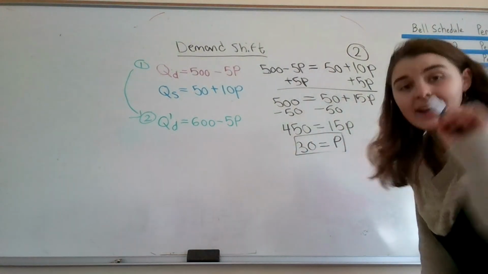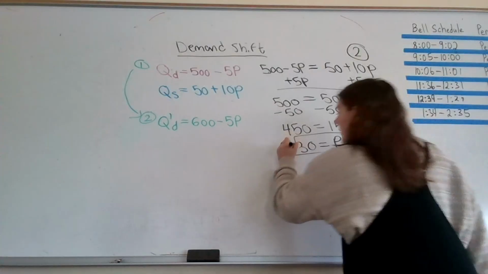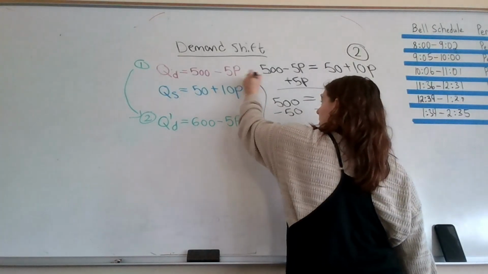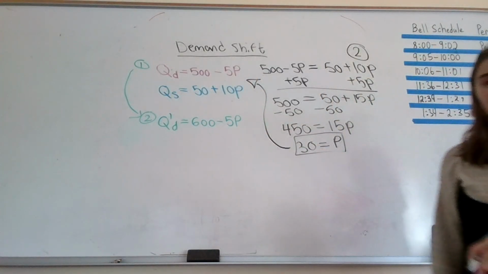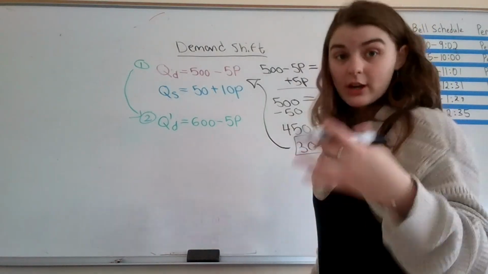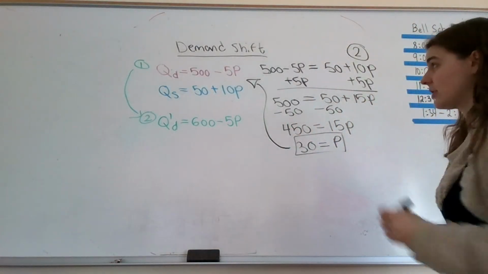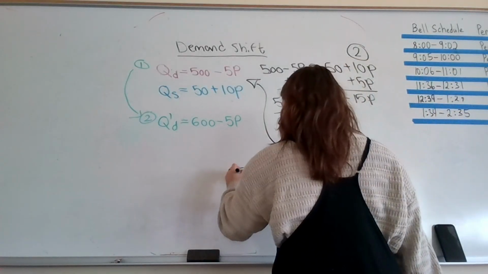Cool, we found that. Now our next step, we need to plug this back into our equations. And we're going to plug that back into both of them just to make sure we did our math correct. So I'll pick the first one. We're going to go demand first, so we're going to plug that back in.